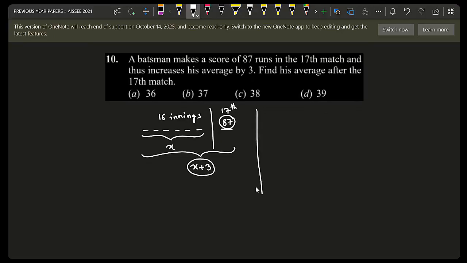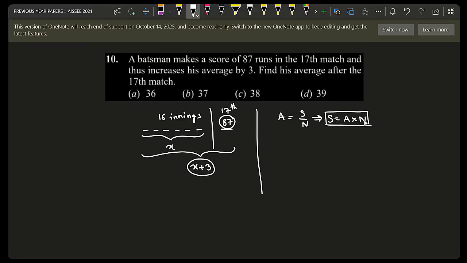We know the formula: average is equal to sum of observations by number of observations. Yesterday I told you the sum of observations formula also. Just transpose the number to the other side. Number is dividing here; if you transpose, it will multiply. So it's going to be average into number. You can remember sum is equal to average into number.